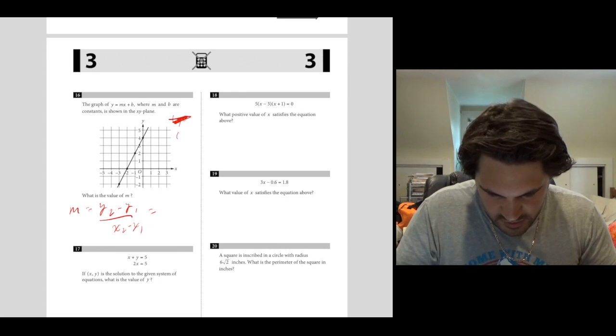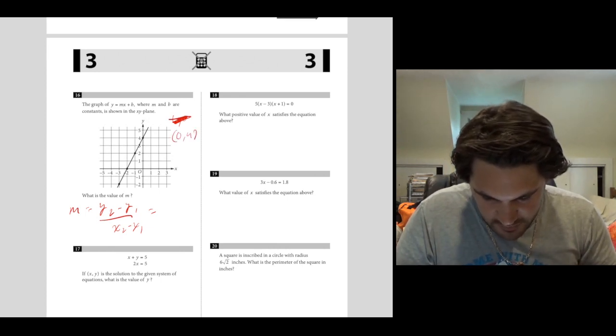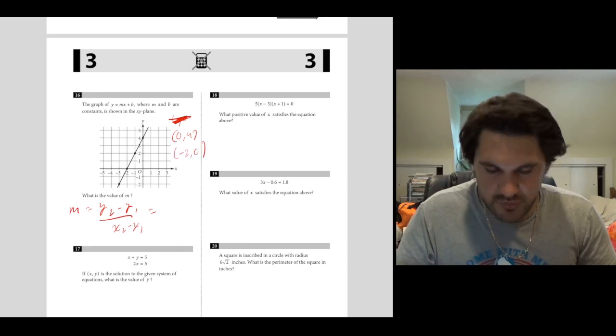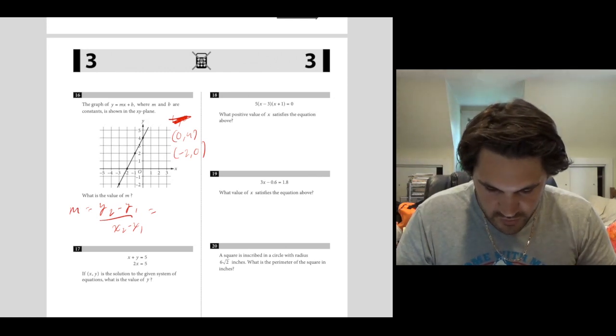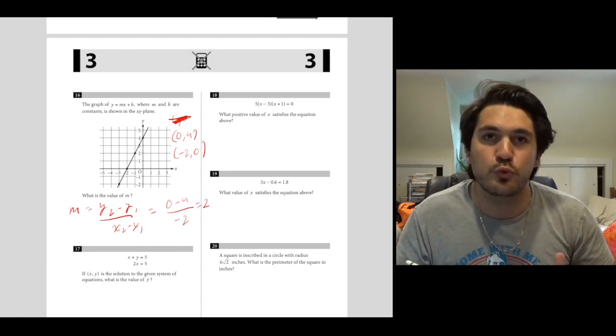Another value that we have is (-2, 0). So just plug those in. y2, so 0 minus 4, over x2 minus x1, over -2. So this gives us an answer of 2.